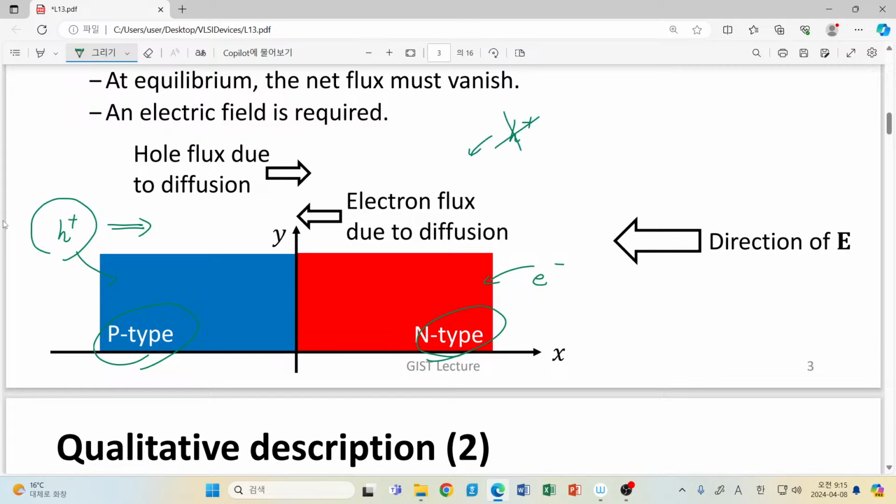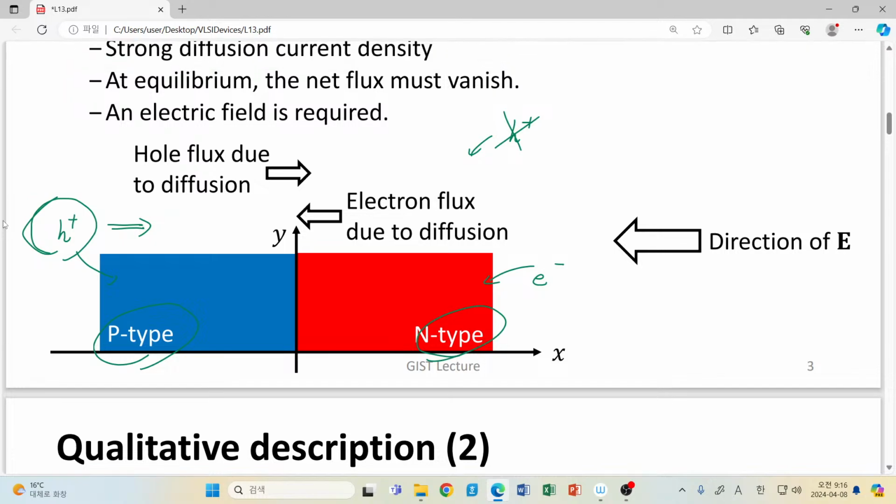Actually almost no holes. For example, here we have 10 to the 17 holes per cubic centimeter, so a lot of holes, and almost no holes there within a short distance. Then yes, they will strongly try to diffuse that way. Please note that this is the hole flux.